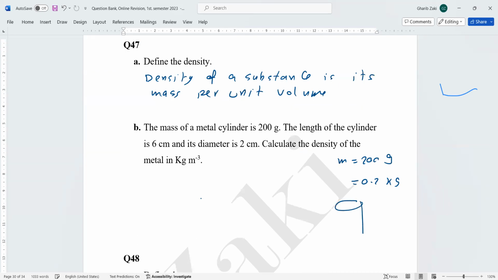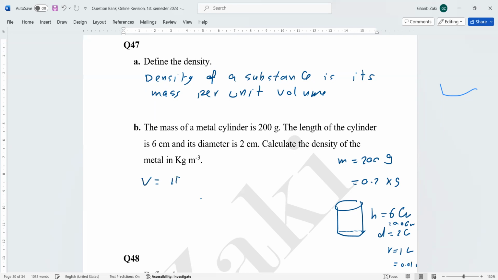Here, he gave us the height of the cylinder. It said 6 centimeters. And the diameter equals 2 centimeter, so the radius equals 1 centimeter. We convert everything to meter. Then the height is 0.06 meter, and the radius is 0.01 meter.